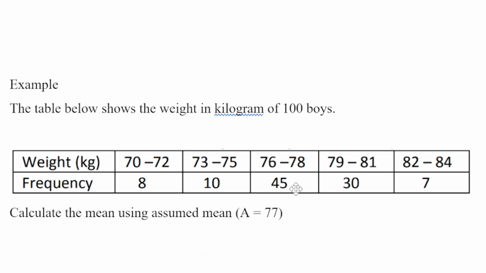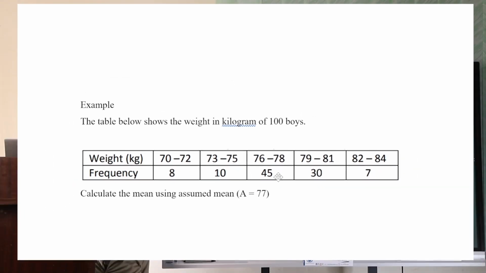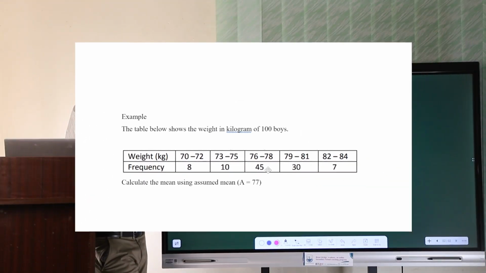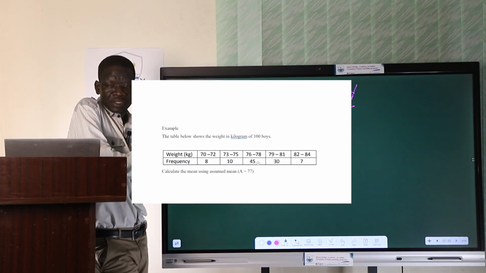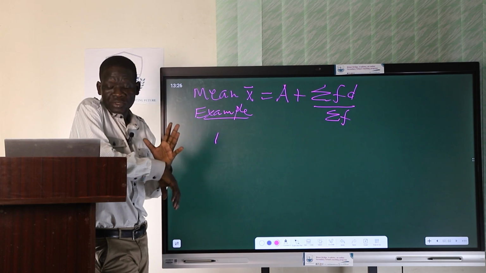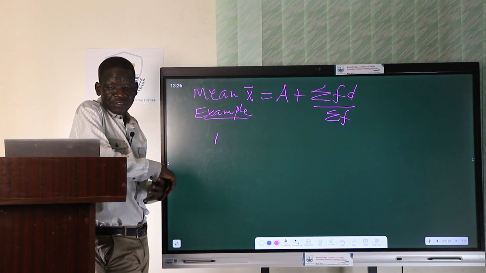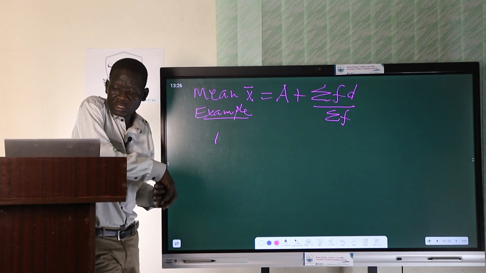We have the weight in kilograms and then the frequency. Calculate the mean using the assumed mean of 77. In this case, if we specify the value of the assumed mean, it means by all means you have to use that figure. So in this case, they want us to use 77 as the assumed mean.